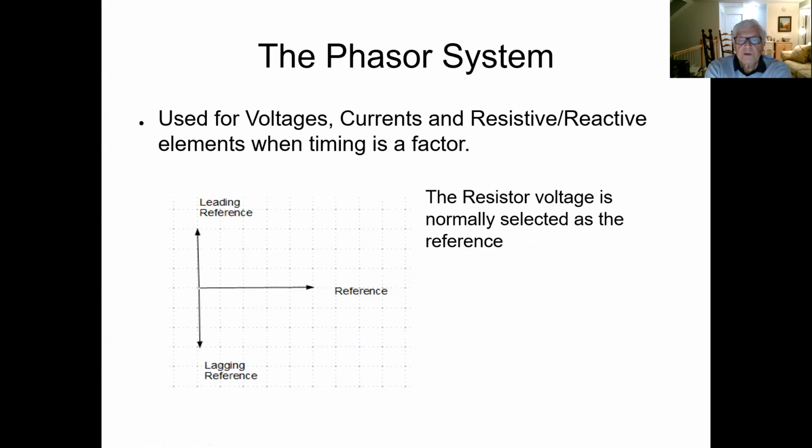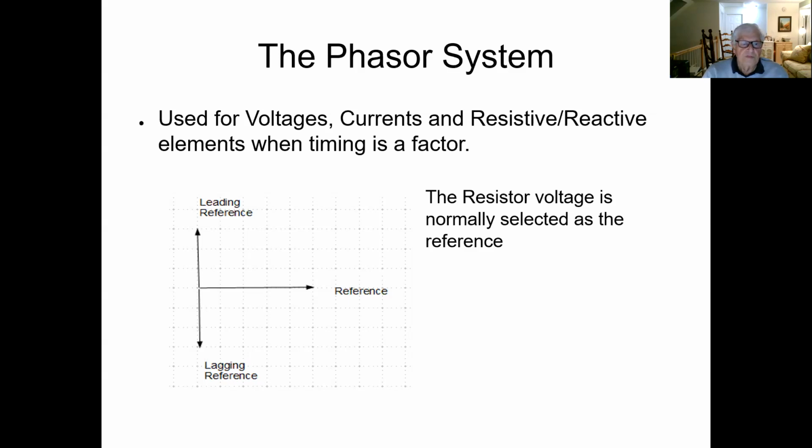So from this, we create a phasor system that we use to describe voltages and currents in resistive and reactive elements, when timing is a factor. In other words, we can't really say that a capacitor has so many ohms of resistance, but we say it has a reactance because its voltage and its current are not in phase.